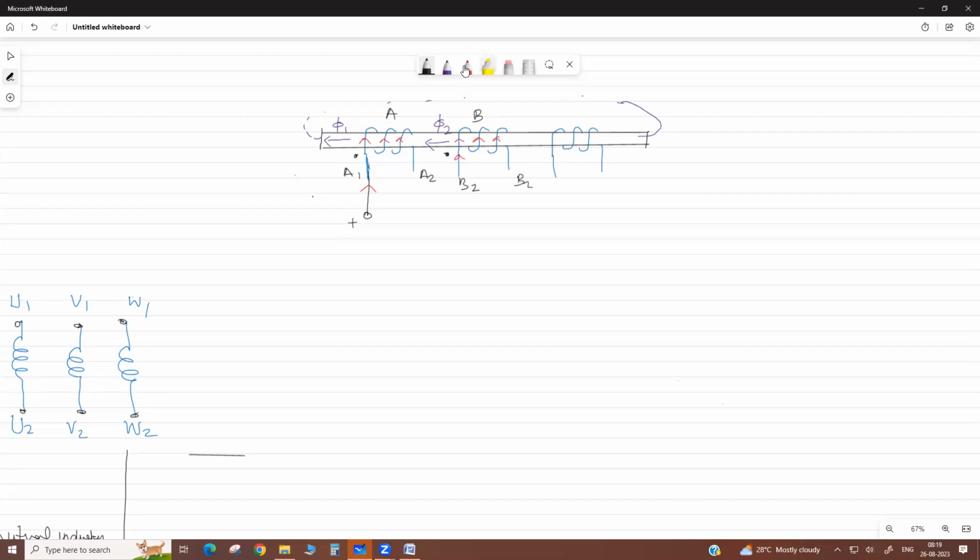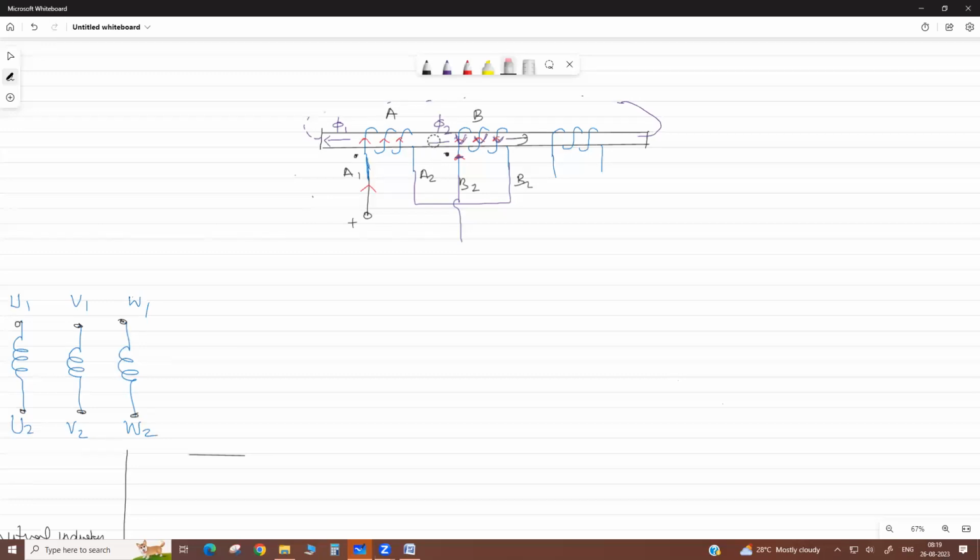Now suppose we connect like this. Here the current direction is changed, it is now in this direction. If the current is in this direction, phi 2 is in the opposite direction, like this.